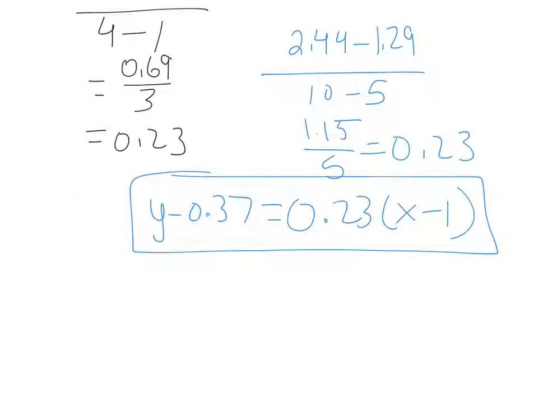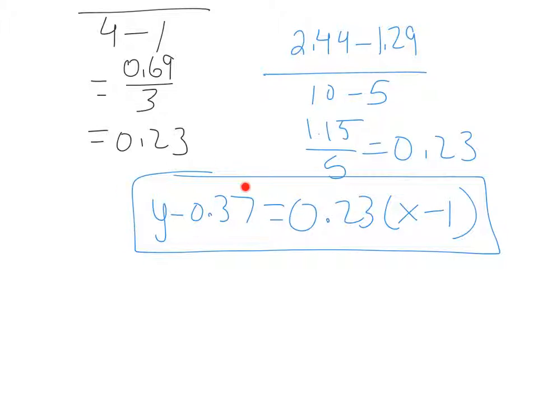This is the cost as the function of the weight in the ounces. If you want to, you can distribute things out and add, but we should be good. So let's say it said put it in slope-intercept form. So you distribute.